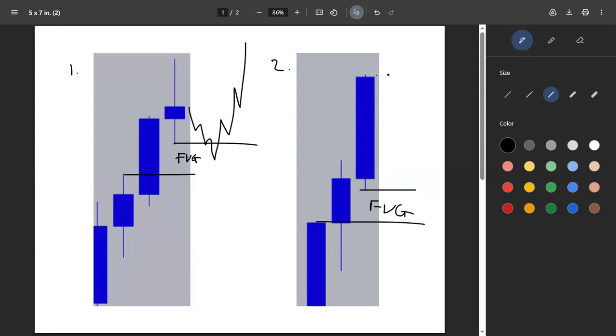We'll see the next candle open and then perform a continuation. So when you see a fair value gap but the third candle is big, you just have to look for continuation after the next candle opens.